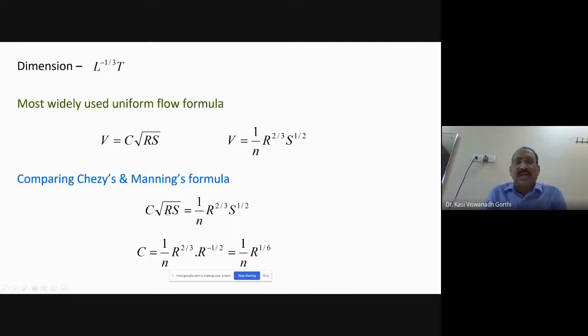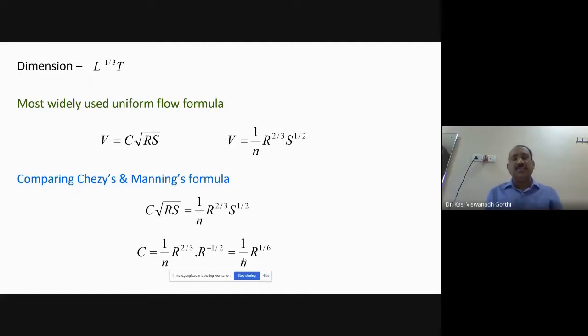Cancel both sides, and you have R to the power half on this side and R to the power 2 by 3 on that side. So R to the power 2 by 3 minus half. So the value of C will be equal to 1 by n R to the power 1 by 6. This is how Chezy's coefficient C and Manning's coefficient n are related.